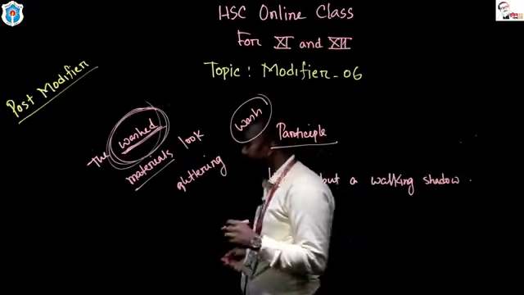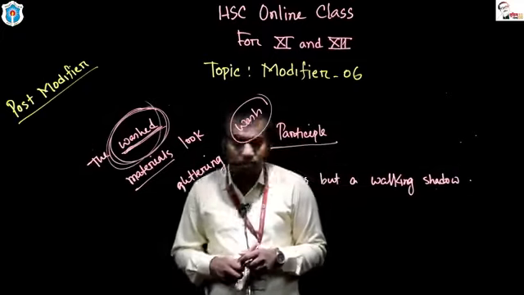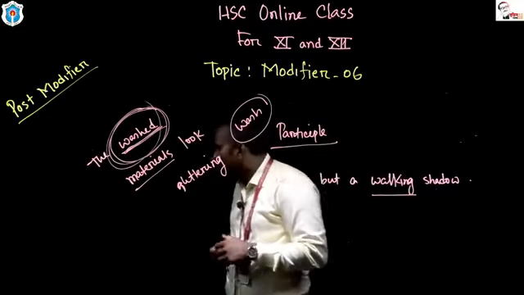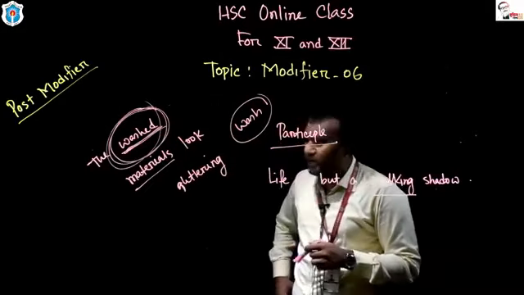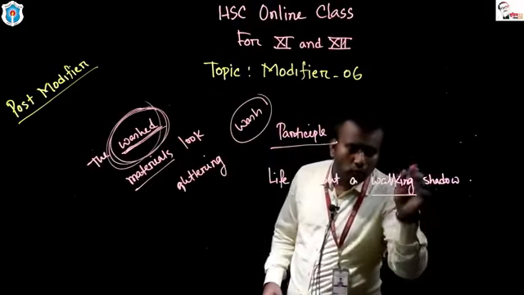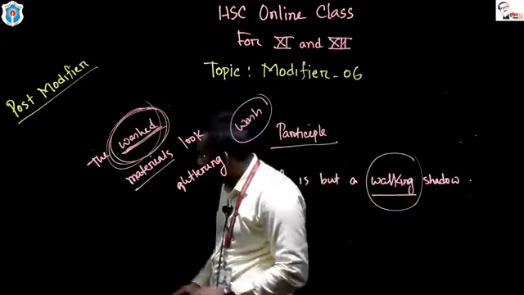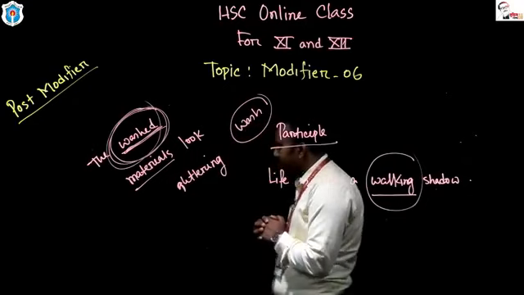Look at this. Life is but a walking shadow. Here, look at the word walking, dear students. What kind of perspective is walking? Who can tell me? What kind of perspective is walking, dear students?